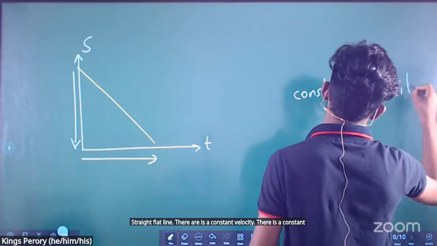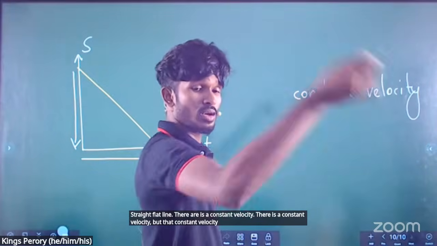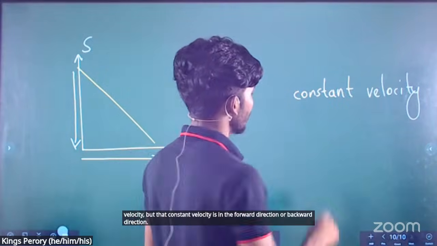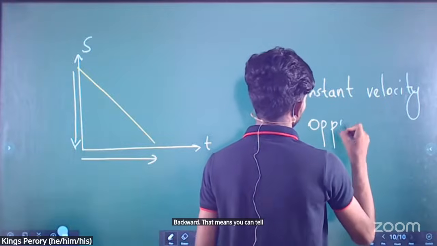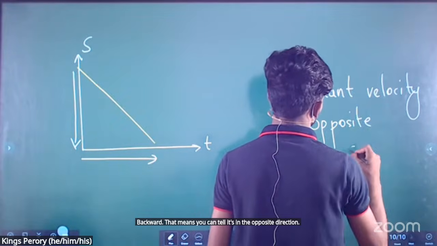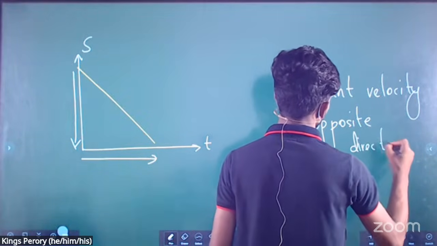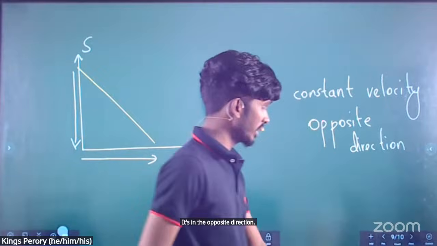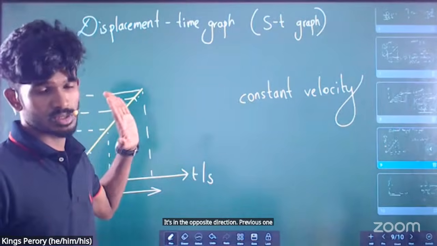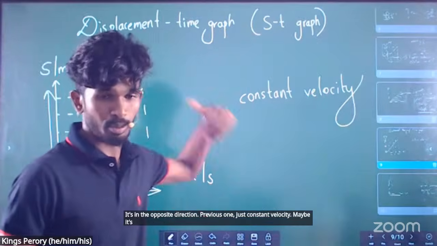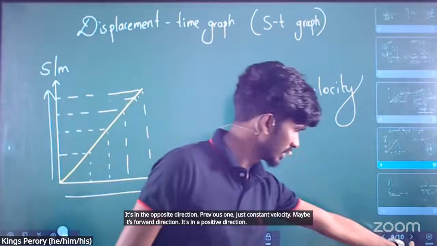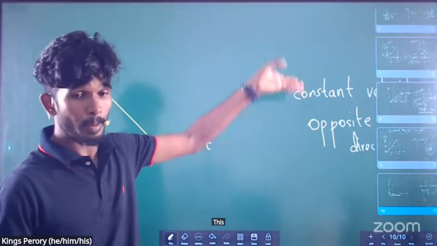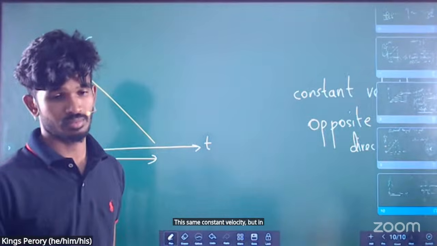But is that constant velocity in the forward direction or the backward direction? Backward. That means it's in the opposite direction. Previous one, just constant velocity, in the forward, positive direction. This is the same constant velocity, but in the opposite direction.